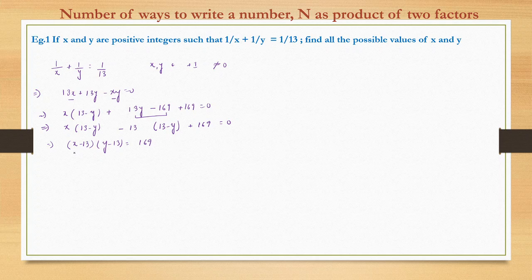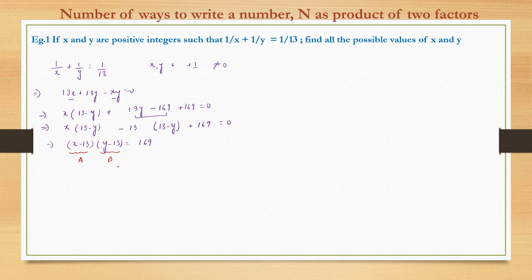So it means if this is a, and this is b, then a and b are integers such that the multiplication would be 169.